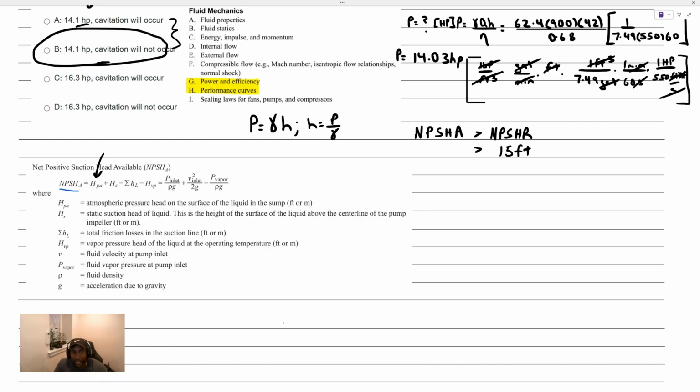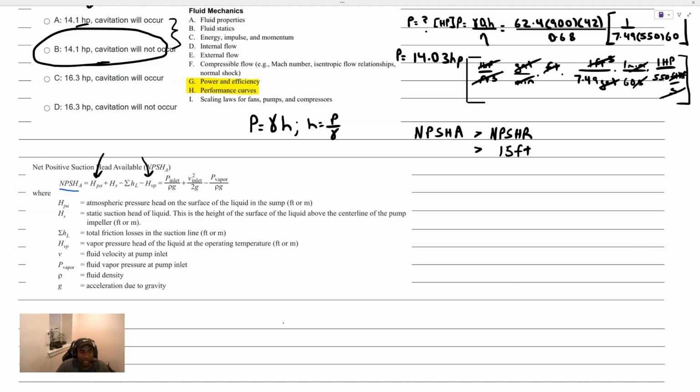So let's say we have what the atmospheric pressure of water is. And we know the vapor pressure, another word for which is the saturation pressure, which you can find inside of the steam tables in the thermodynamics section. So those two terms are things that we're going to have to convert from pressures to head.